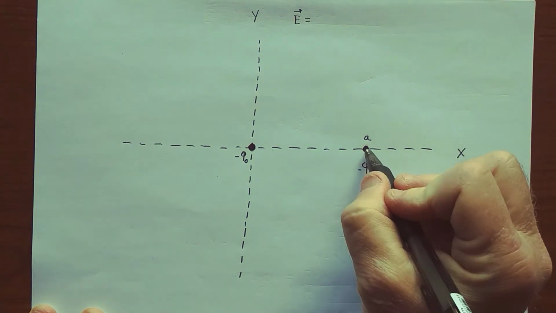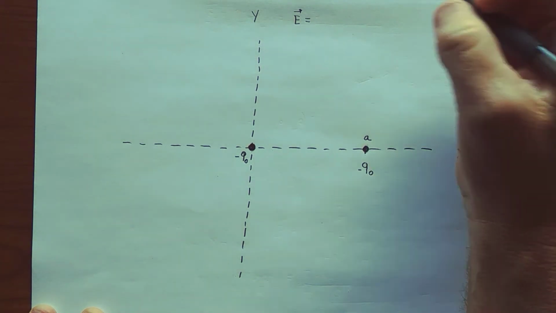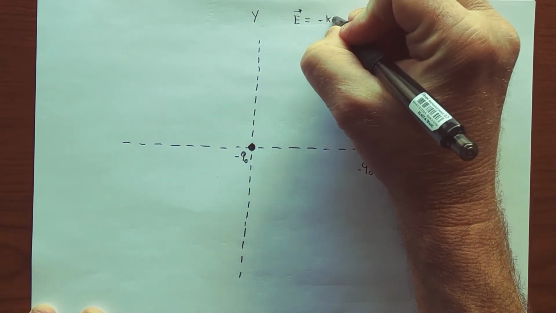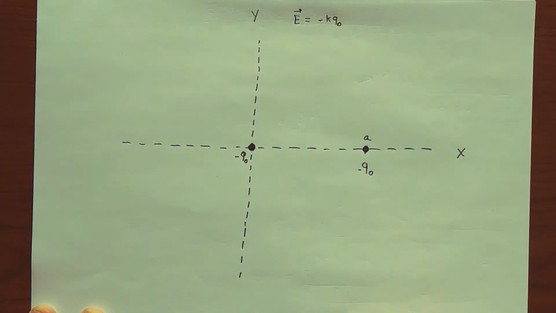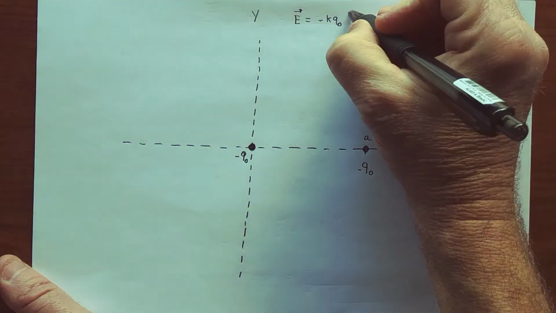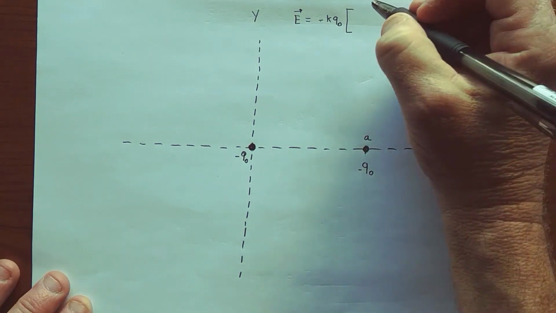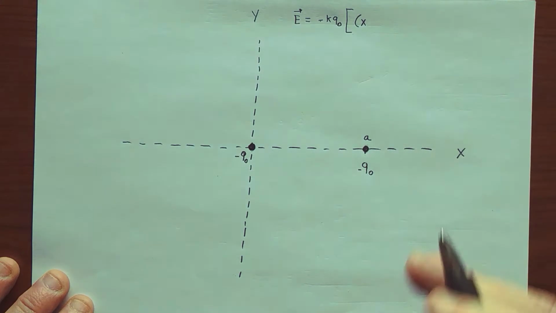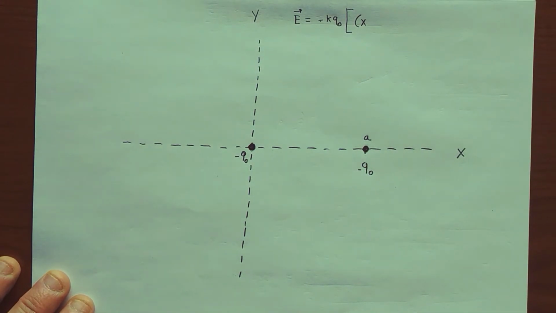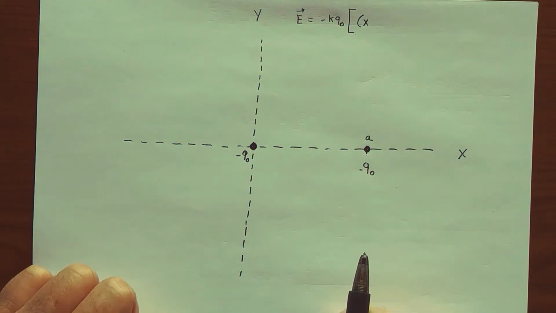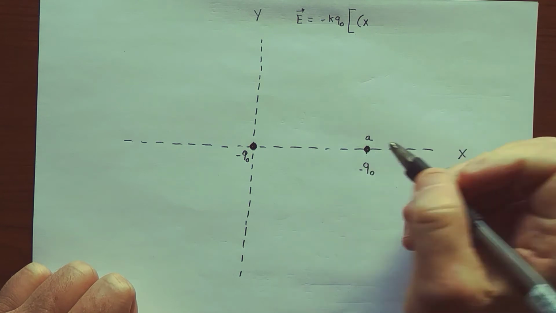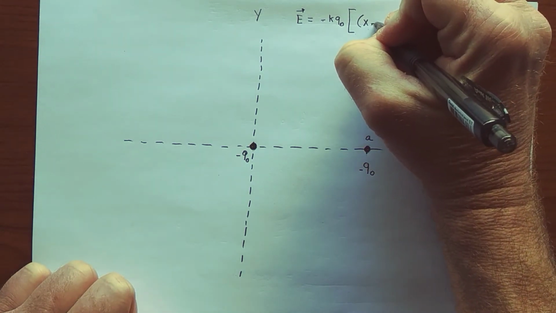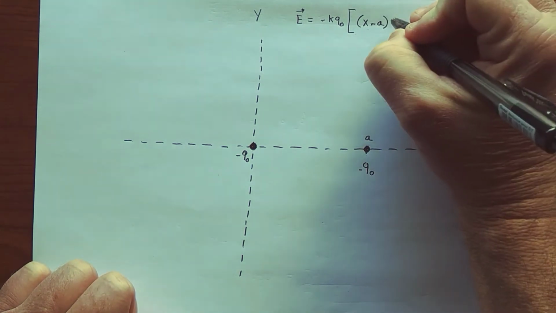So this particle creates an electric field which is minus k times q naught, because the particle has negative charge, times x, the x value of the location where we want to evaluate the field, minus the x value of the particle that creates the field. We're considering the field produced by this particle, so we have x minus a. A is some positive number.